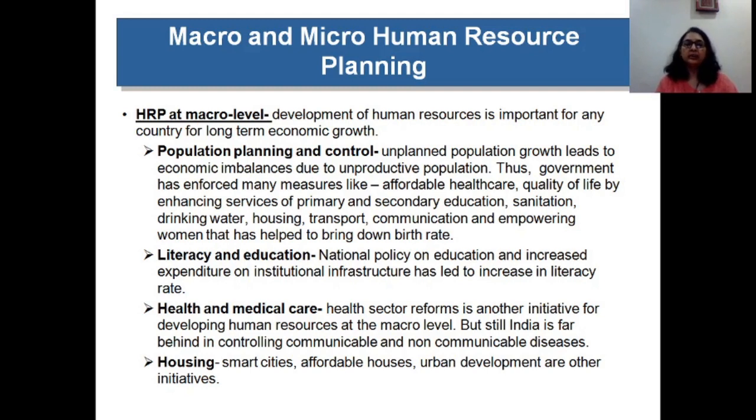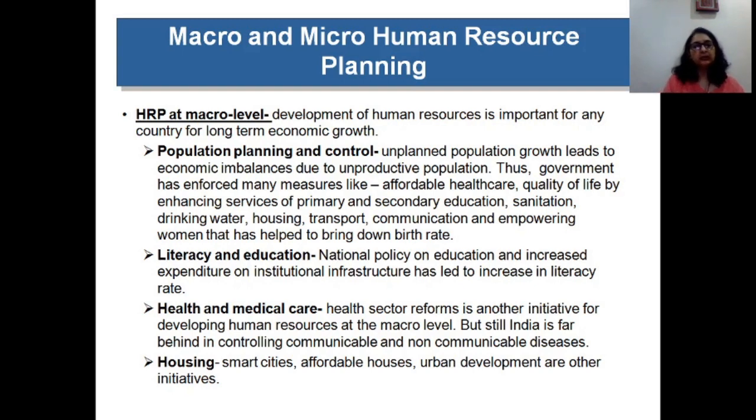So the Indian government has taken measures like affordable health care, and quality of life being enhanced by primary and secondary education. Then there are sanitation, housing facilities, transport facilities, and empowering of women has also led to bringing down the birth rate.